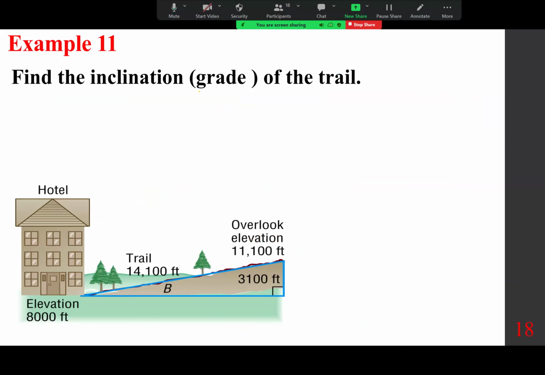Find the inclination or grade of the trail. We are interested in finding this. We want to find this angle, and clearly we can use sine, because sine of B is the opposite, which is 3,100, over the hypotenuse, which is 14,100.